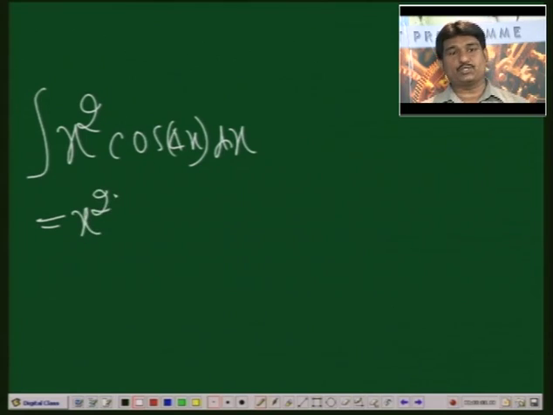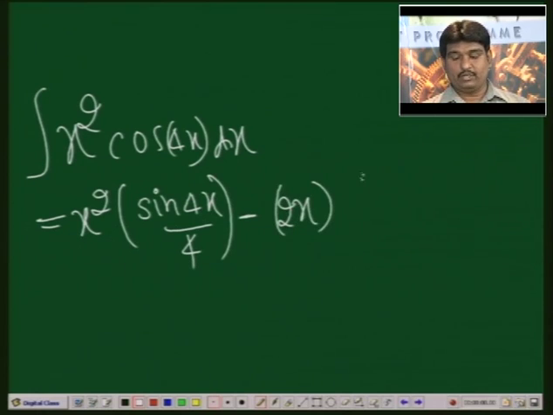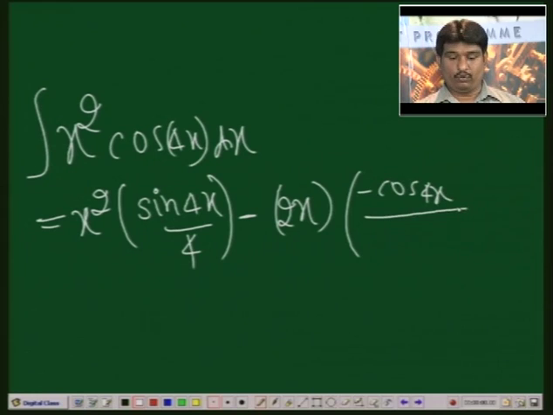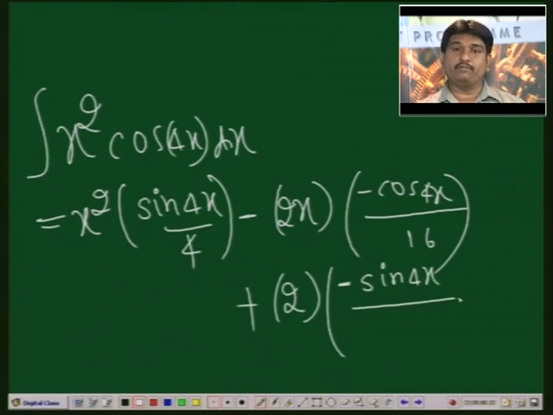First function as it is, x square, integration of the second function, integration of cos 4x is sin 4x divided by 4, minus differentiation of x square, the first function, which is 2x, into integration of the second function, integration of sin 4x is minus cos 4x divided by 4, so 4 into 4 is 16, plus, now differentiate 2x, derivative of 2x is 2, now integrate it, integration of cos 4x is sin 4x by 4, minus remains as it is, and integration of cos is sin 4x divided by 4.